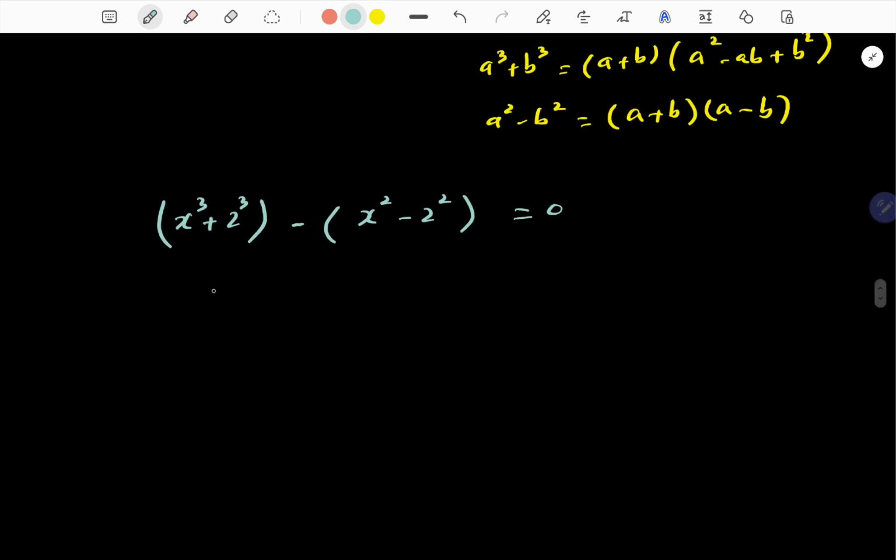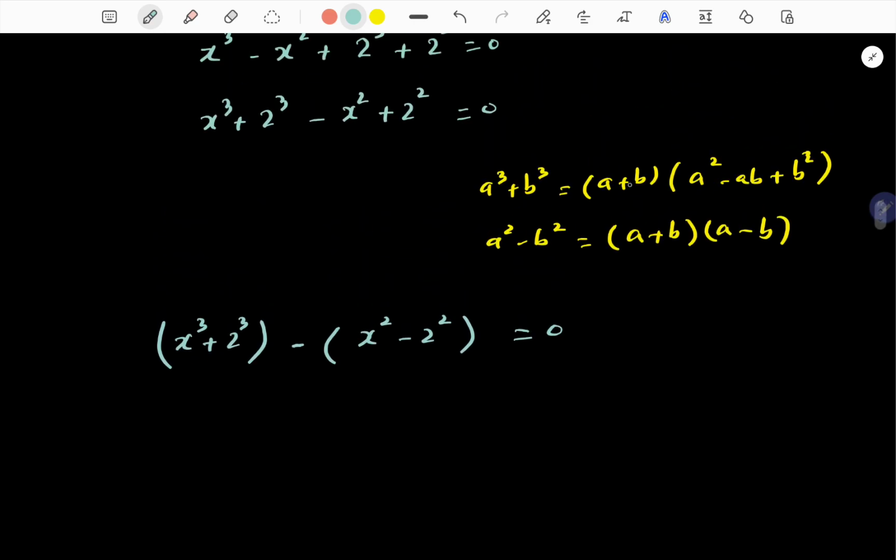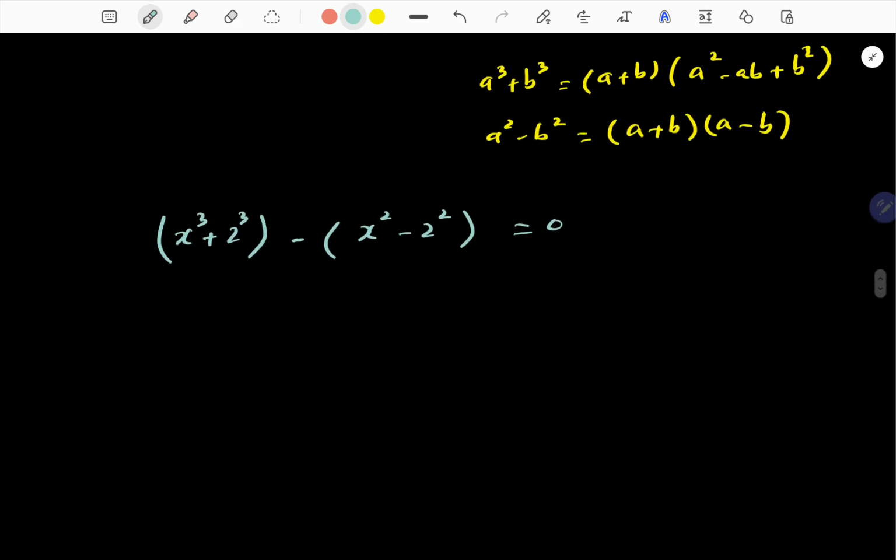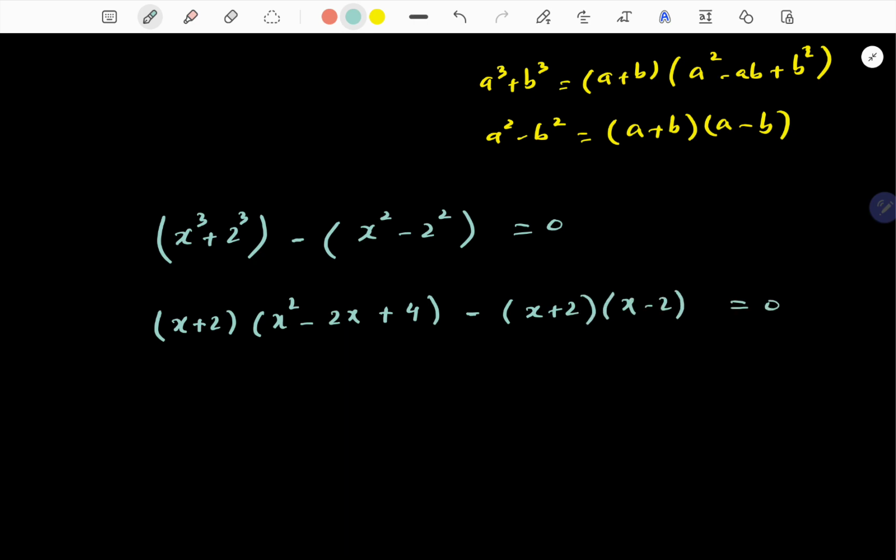So from here, by using this first identity, we can write it as x plus 2 into x square minus ab, meaning 2x, plus b square, which is 2 power 2, that is 4, minus, this will give x plus 2 into x minus 2, that is equal to 0.